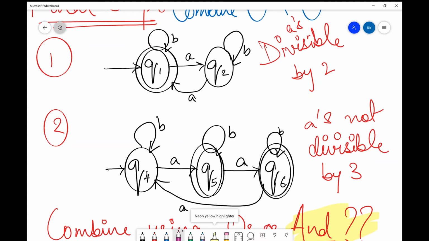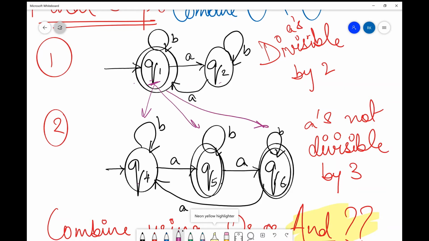When you find the product of these two states, what do you do? You just combine the elements written within them. So when I find the product of these, I'm going to start with Q1 and multiply it with all these three states.